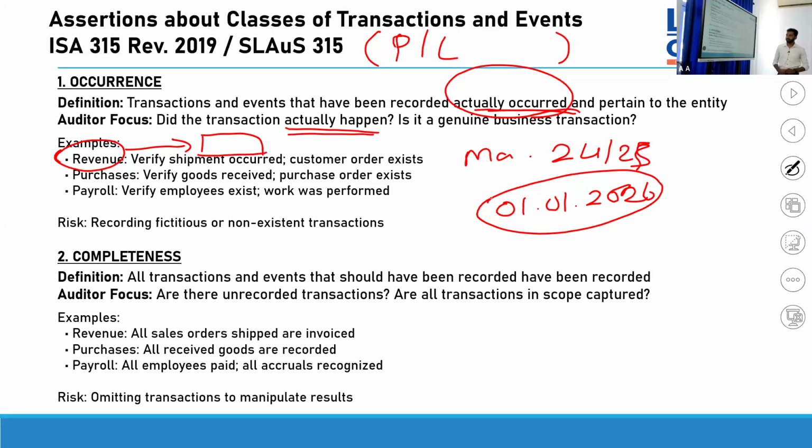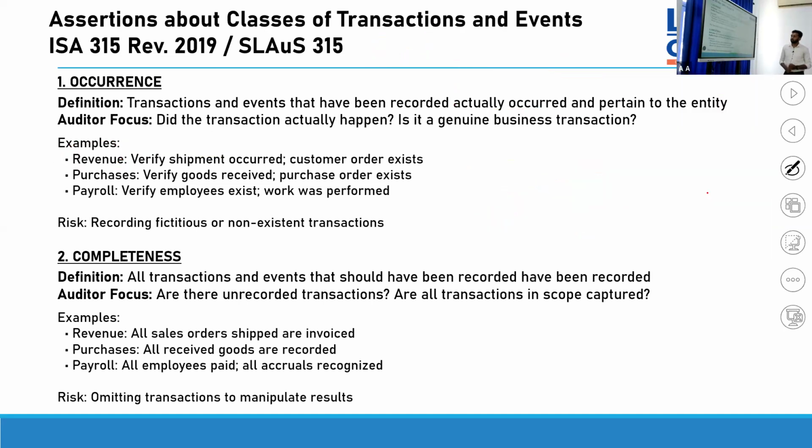Second one is completeness. All the transactions and events that should have been recorded have been recorded. Let's take revenue as an example.